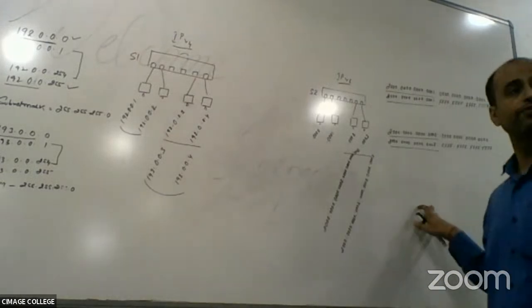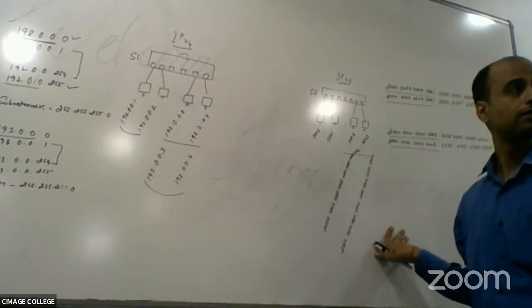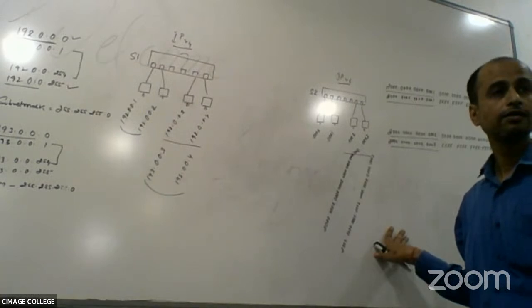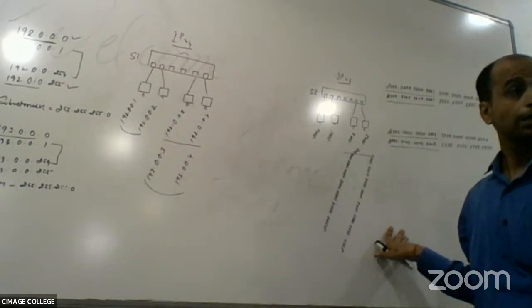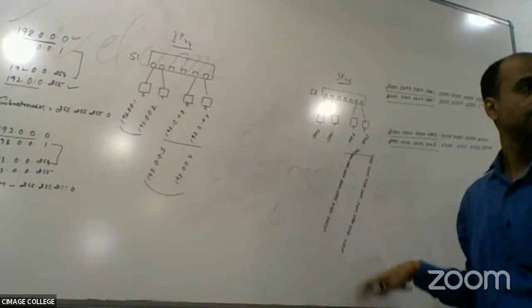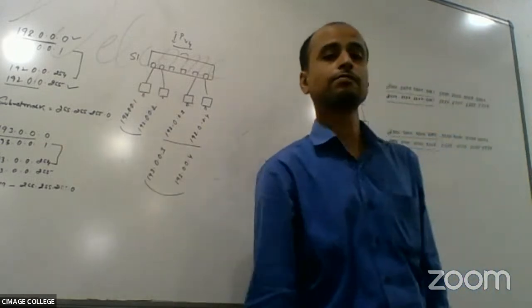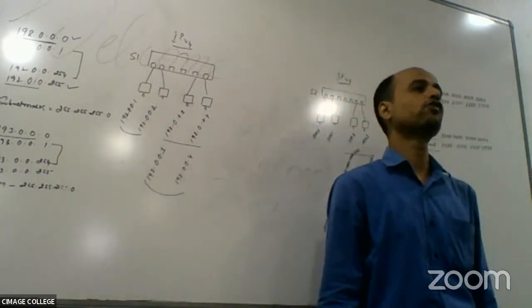And that subnet prefix length is by default, the subnet prefix length of IPv6 is 64.